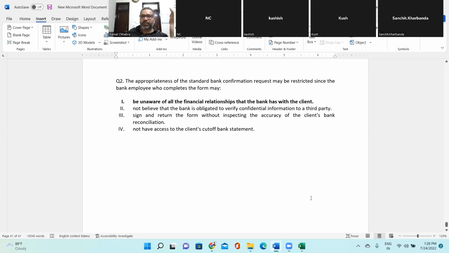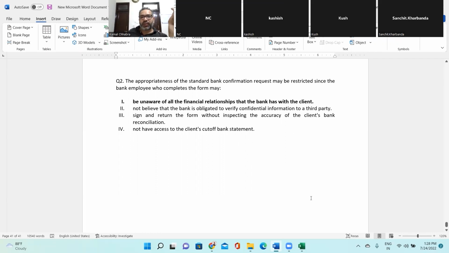Bank person may never have the cutoff access, right? Makes sense? So this fourth one is ruled out. Third one is bank person signs and returns the form without inspecting the accuracy of the client bank reconciliation. So bank person has nothing to do with bank reconciliation. So third one is also ruled out.